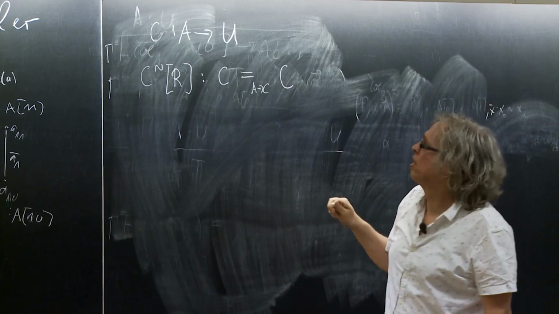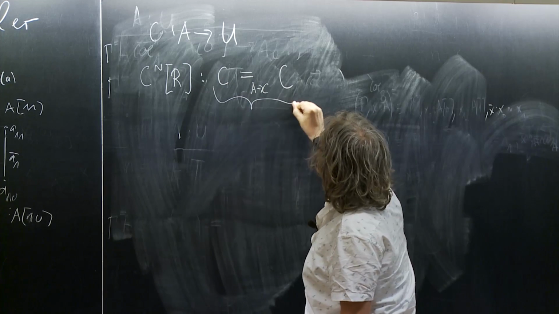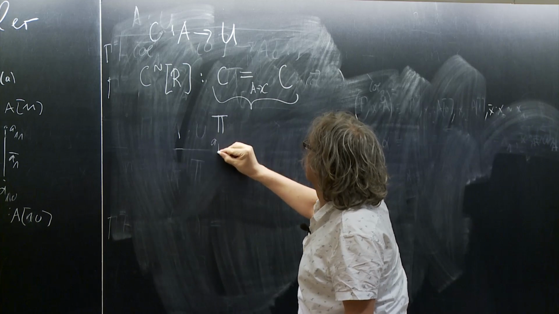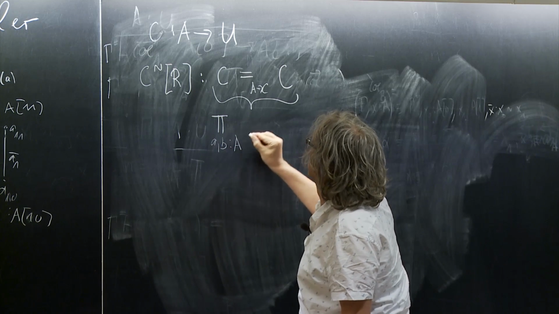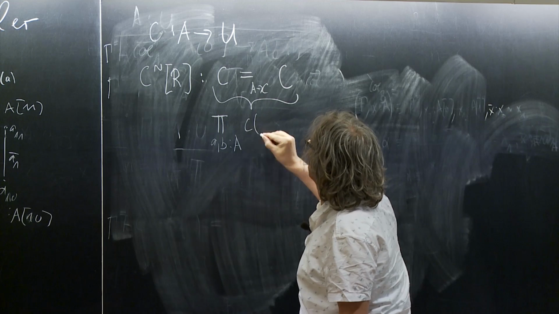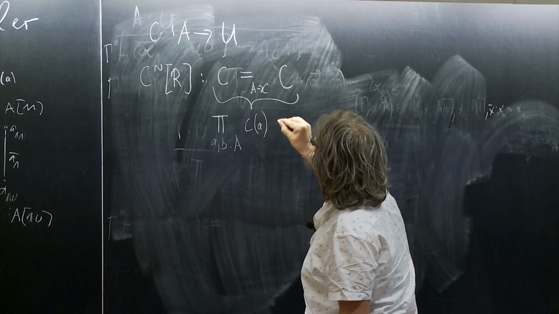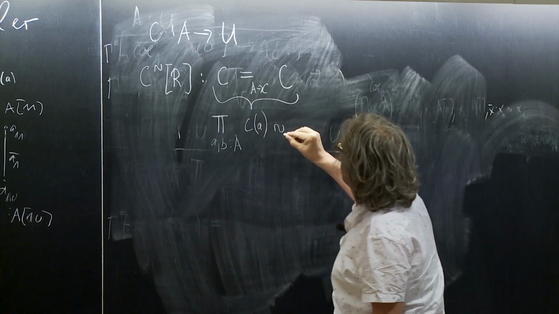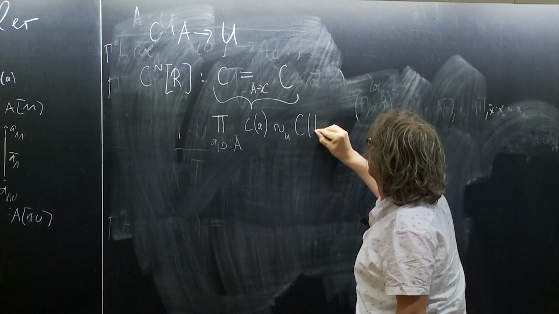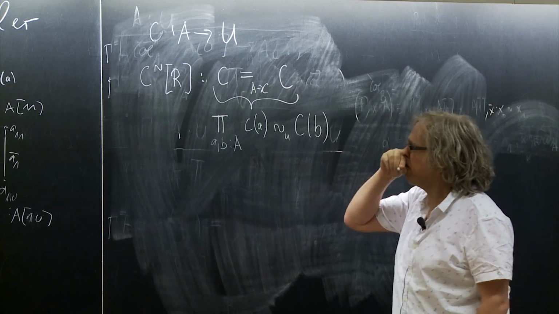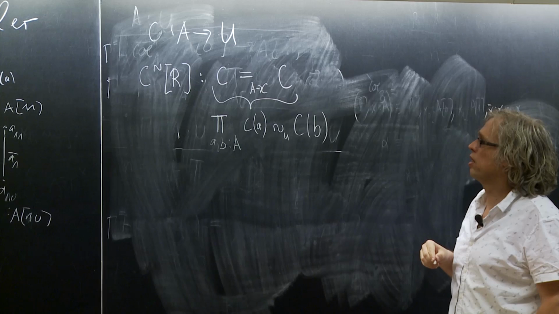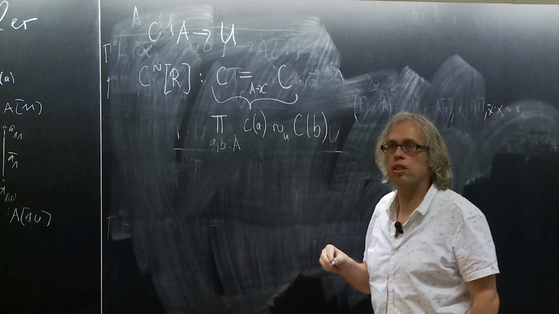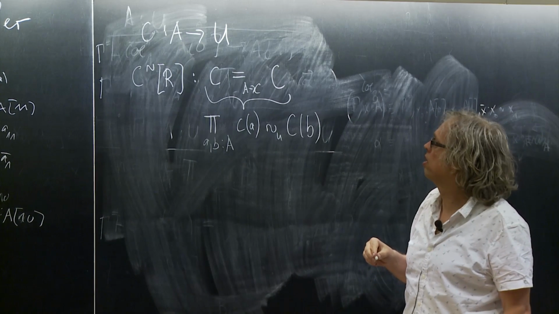And this is the same as Pi a b in A, C of a is related in U to C of b. And you need the equality between a and b.